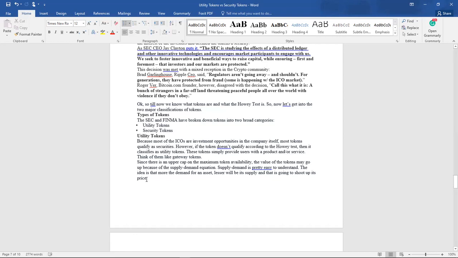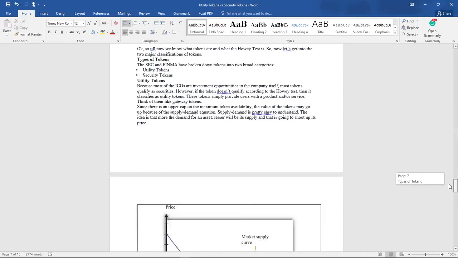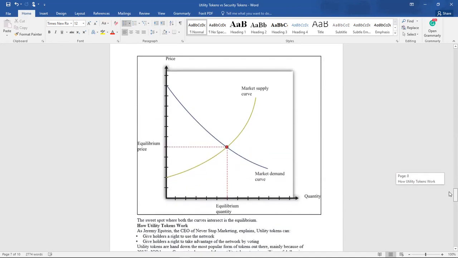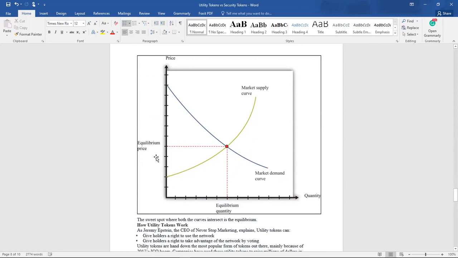This is a graph explaining the equilibrium price and equilibrium quantity. This is the quantity and this is the price, and then we have the market supply curve. Where the price and quantity meet is where there is an equilibrium, so where both curves intersect is the equilibrium.